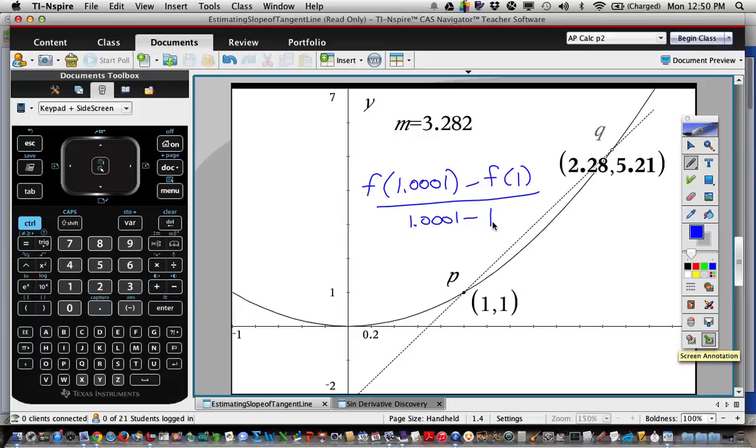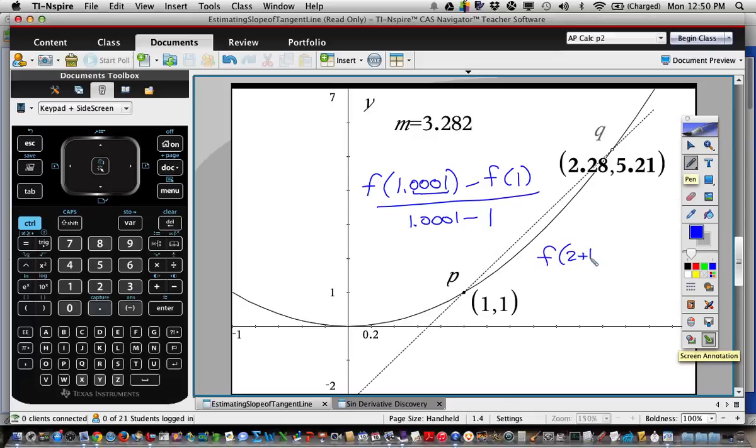Something like that. Okay? And we would let this part of it get smaller and smaller and smaller, right? 0.000, we would add more zeros, right? So in general, what we were kind of doing was this.